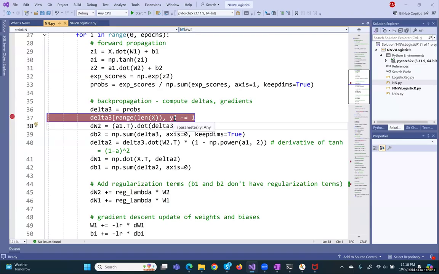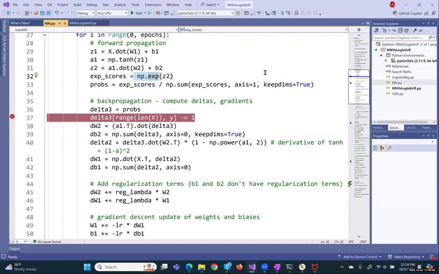So I'm subtracting 1 from it. The delta 3 equal to probs. And if you take a look at the probs, what does it look like? np.sum, exp scores, right? And exp scores is np.exp. So you can see this probs is really calculating the output of the softmax, e raised to the power s divided by the sum of e raised to all those, right?